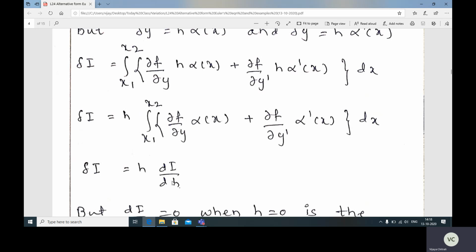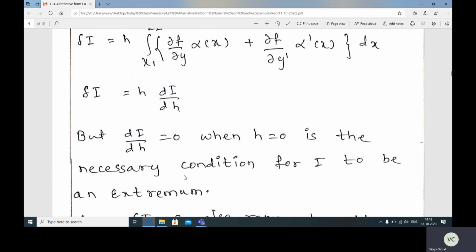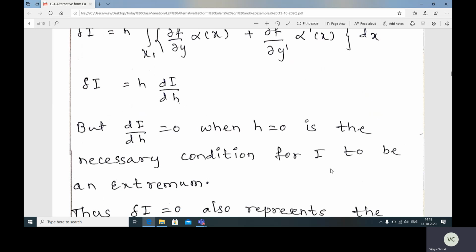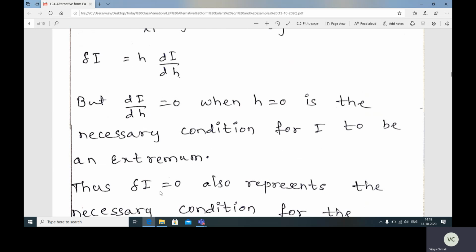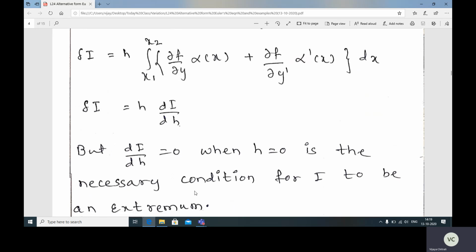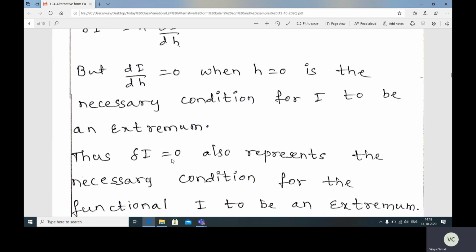But dI by dh is equal to 0 when h is equal to 0. So this is the necessary condition for I to be an extremum, that is, delta I is equal to 0.